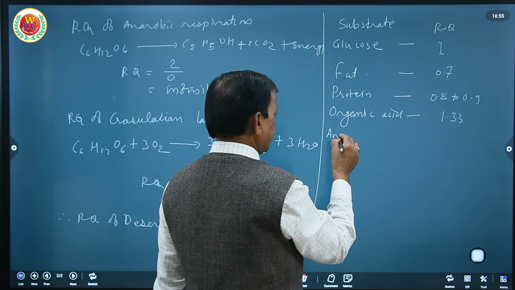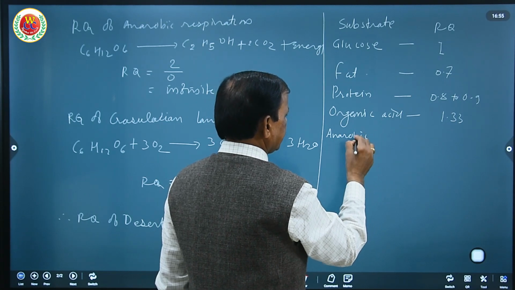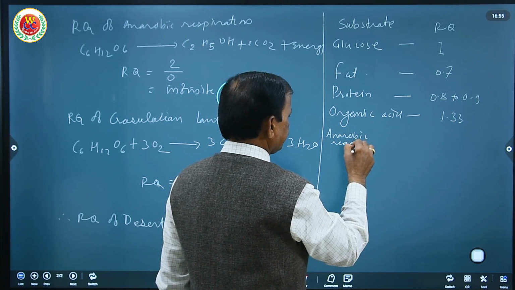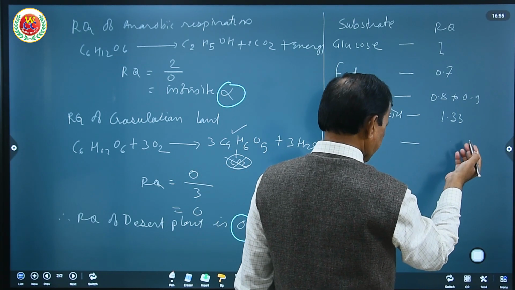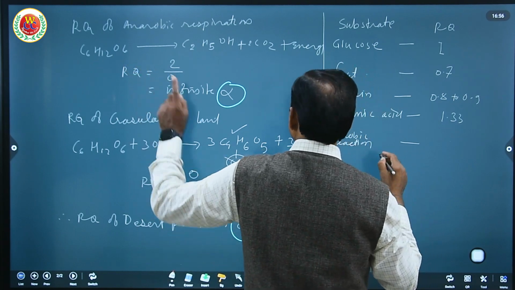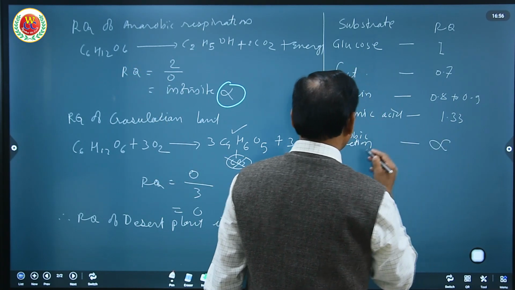Anaerobic reaction or anaerobic process: carbon dioxide is released, but oxygen is not used, therefore RQ is infinite.